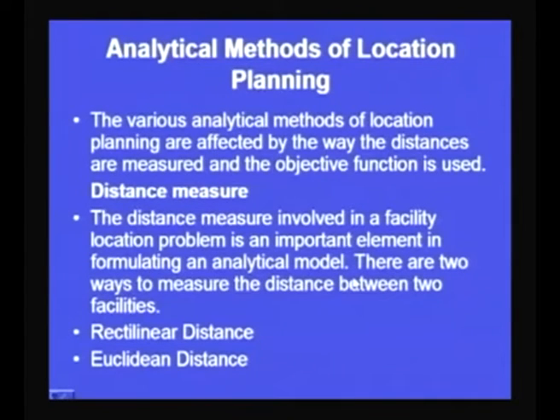The measurement of the distance is an important tool which is going to guide us in formulating the problem. There are two ways to measure the distance between two facilities. The two ways are either a rectilinear distance or a Euclidean distance.